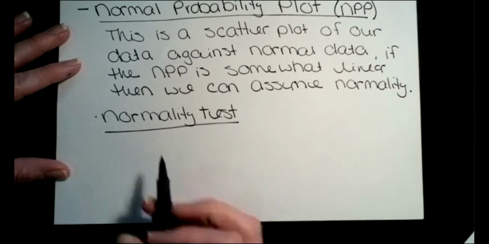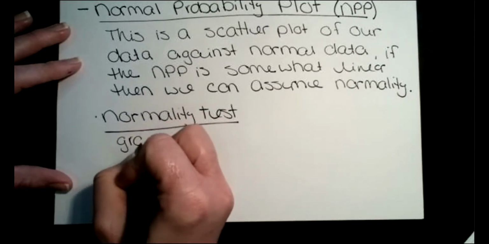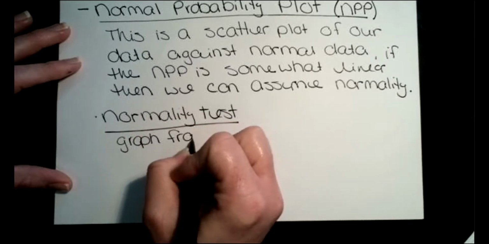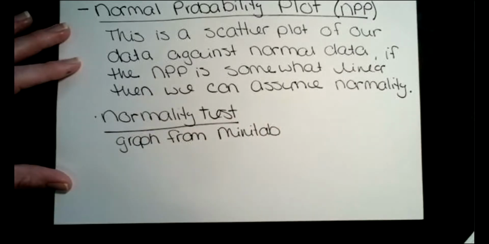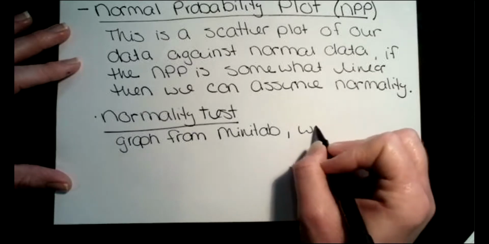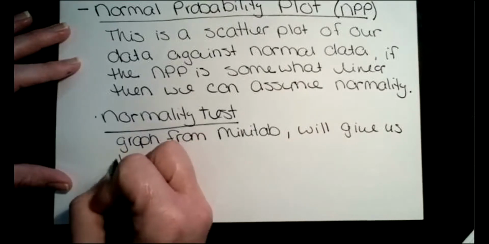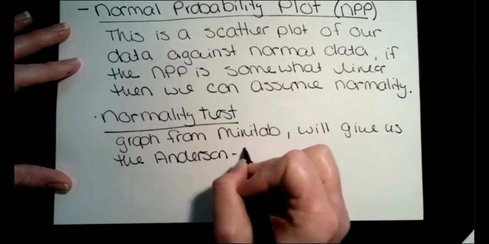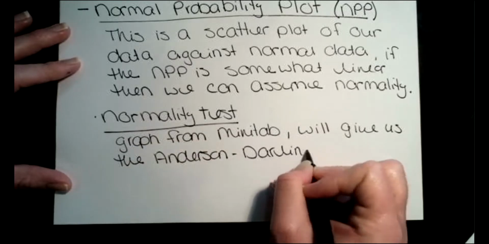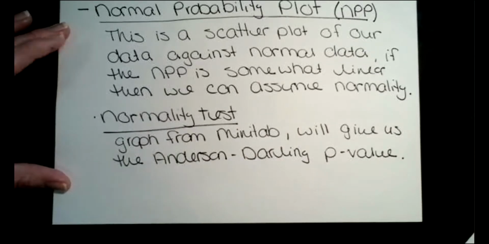So for the normality test, we're going to get the graph from Minitab. So we won't do anything by hand. We're going to use Minitab for this. And Minitab will give us what is called the Anderson-Darling p-value in our NPP.